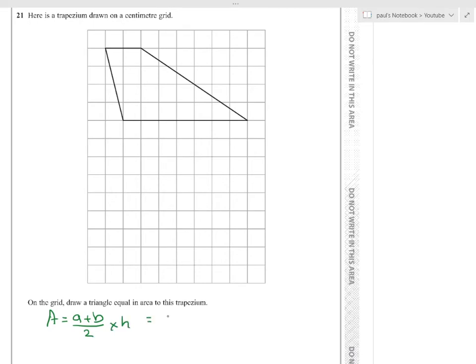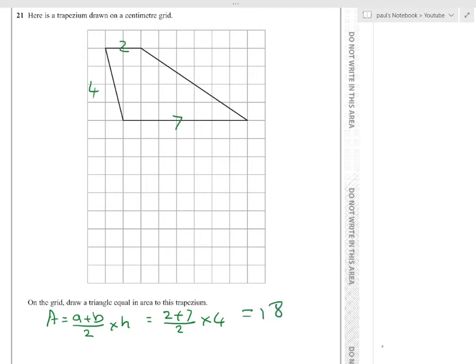The top is 2 and the bottom is 7, and the height is 4. So 2 plus 7 divided by 2 times 4. 9 divided by 2 is 4.5, so 4.5 times 4 is 18.